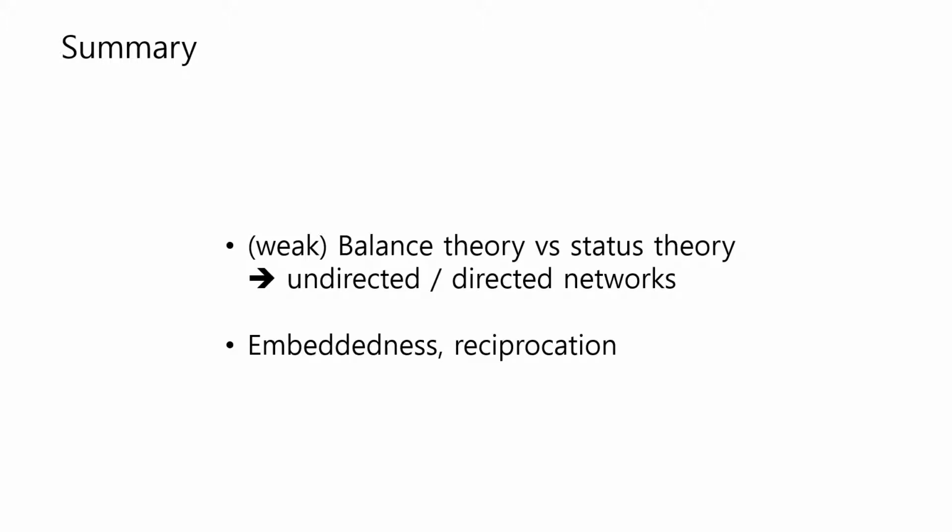In summary, they provided empirical results using extensive experiments over large-scale online datasets for different settings. At the same time, they compared the two different theories to explain the structure of sign networks.